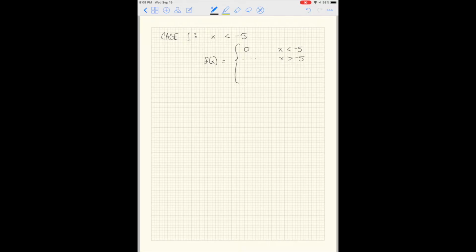So our question is, what is big F of x when x is in this range of x less than -5? So we're asking, what's the integral from -infinity to x when we know that x is less than -5? And so if I were to plug in f of u du here, well, this is just going to be equal to 0. And so the integral of 0 is just going to equal 0.